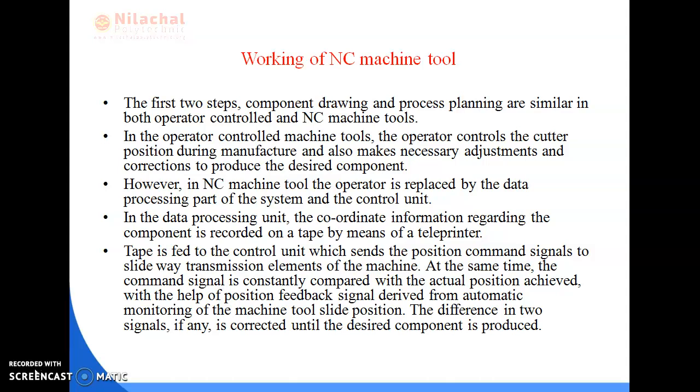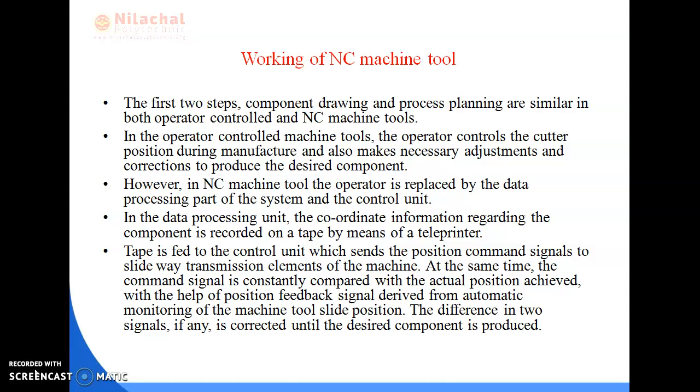However, in an NC machine tool, the operator is replaced by the data processing part of the system and the control unit. In the data processing unit, the coordinate information regarding the component is recorded on a tape by means of a teleprinter. Means here one tape will be used where the coded data will be printed by using a teleprinter. The tape is fed to the control unit, which sends the position command signals to the slide way transmission elements of the machine.